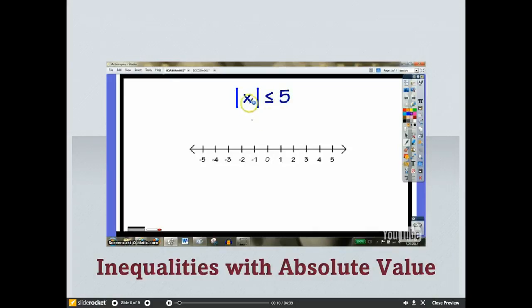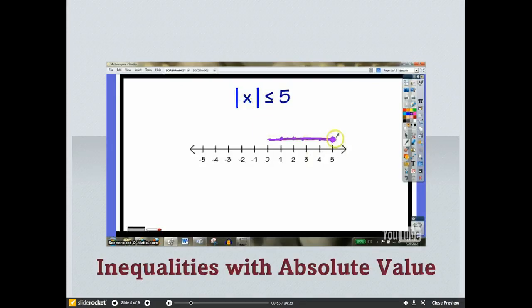If we start with easier ones first, positive numbers, the absolute value of a positive number doesn't really change it, so we can consider numbers like 1, 2, 3, 4, and since it's less than or equal to even 5, we can consider the numbers in between like 1.5, 2 3/4, 0. So basically, we can consider all of these numbers here as values for x that work, all the way up to 5. So I'm going to put a closed dot at 5. If we go beyond 5, it no longer works.